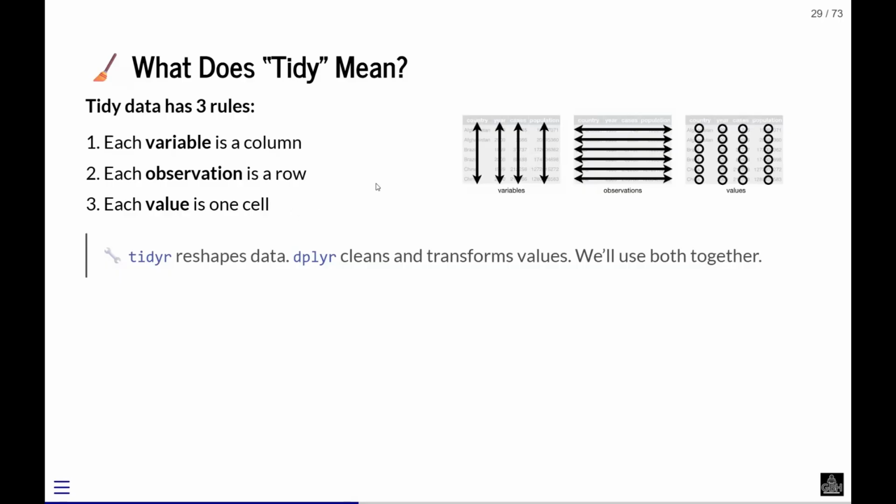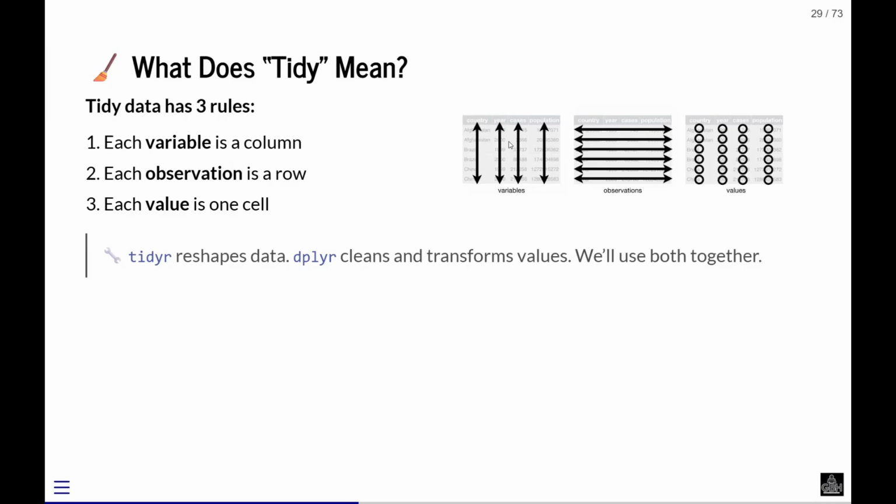One of the rules is that each variable, that means the characteristic or the numbers you want to study, should have a column, such as here you see country. All the country names should be in this column. In the next one you see year, so all the year values should be in this column, and cases, population, and so on.